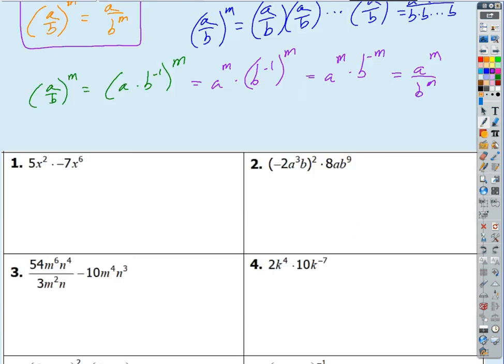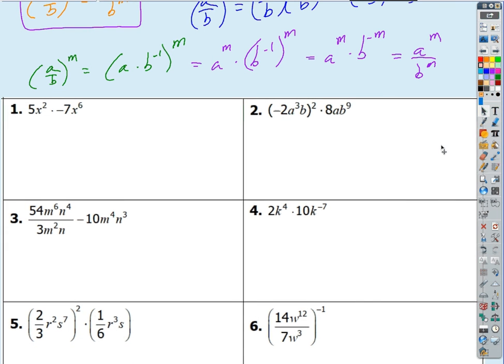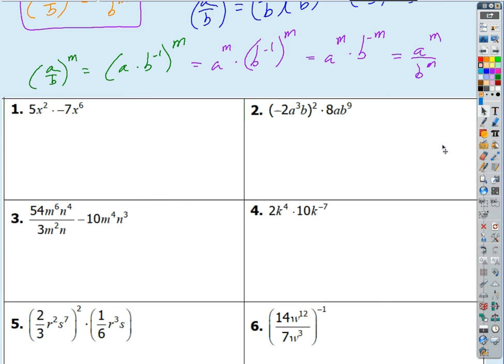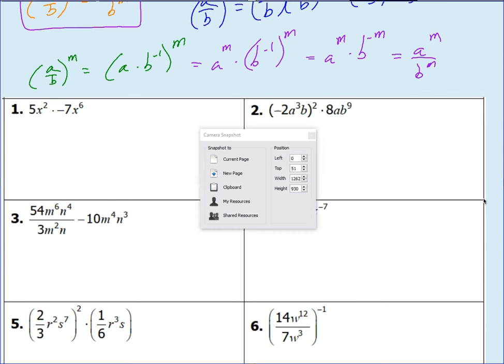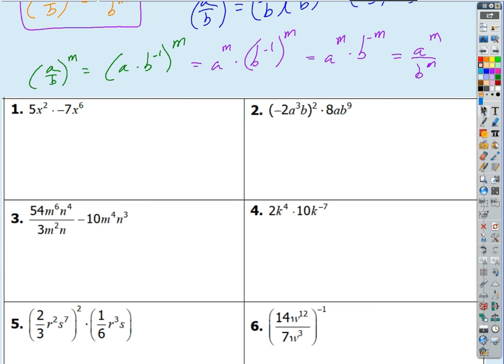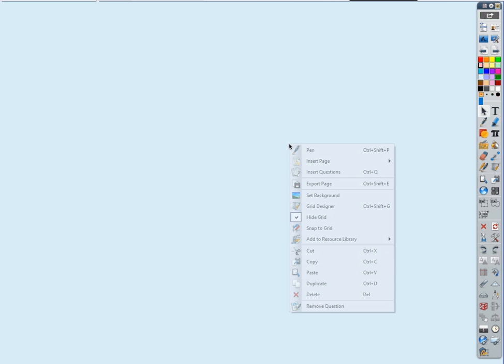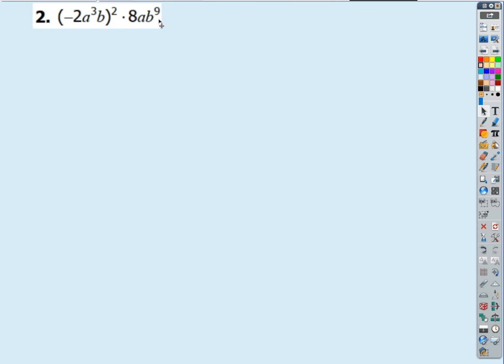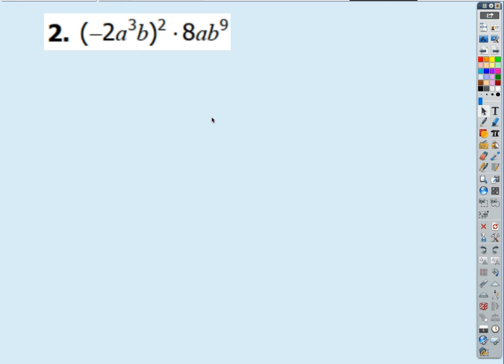Okay, so now let's try number 2. How about if I take, I'm going to make that bigger, so we have more room. So what do I do first? Okay, so I've got a product to a power, right?